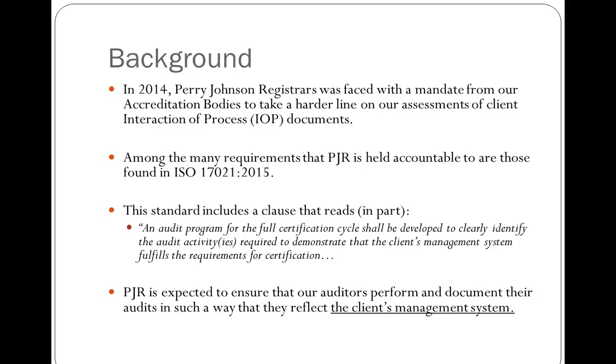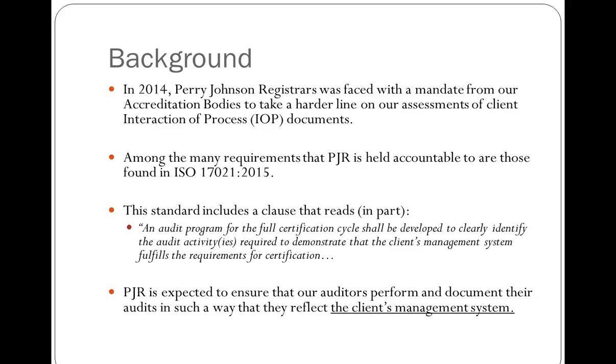Now that's the standard that PJR is held accountable to when we get audited by the accreditation bodies. Therein is a very important clause where it states, an audit program for the full certification cycle shall be developed to clearly identify the audit activities required to demonstrate that the client's management system fulfills the requirements for certification.